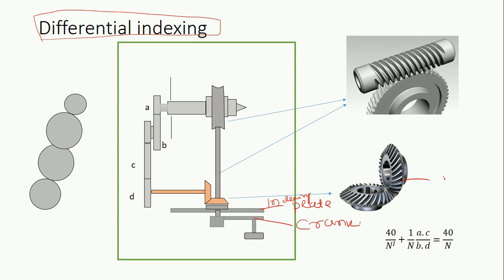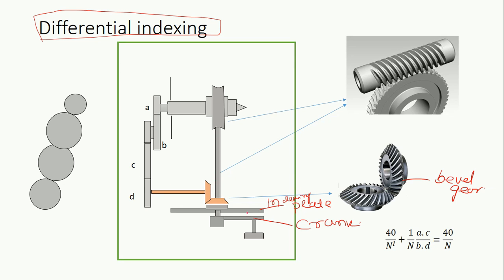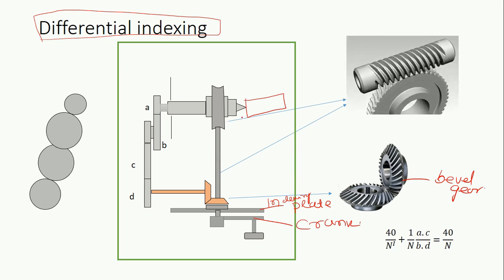This is the bevel gear. The bevel gear is used for power transmission at a perpendicular angle. Okay, just observe this one, when our workpiece is connected here. Here this is the worm wheel. Okay, worm and worm wheel.